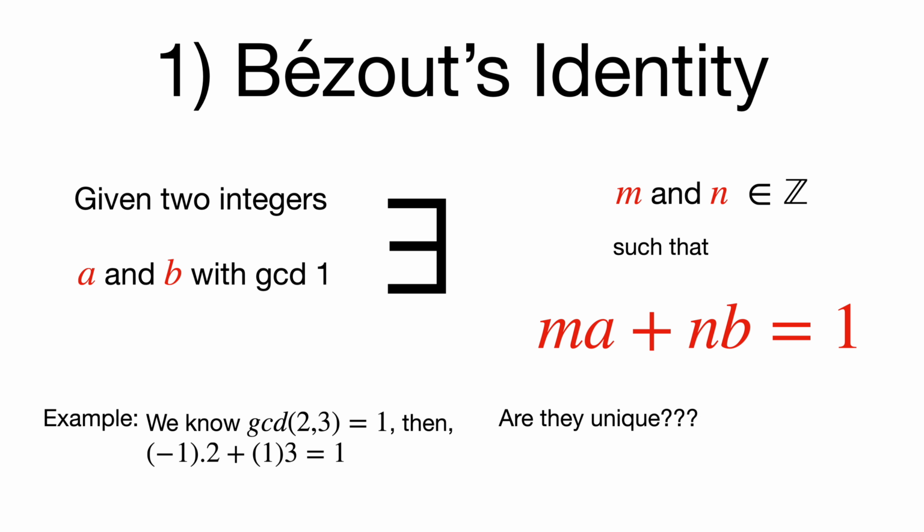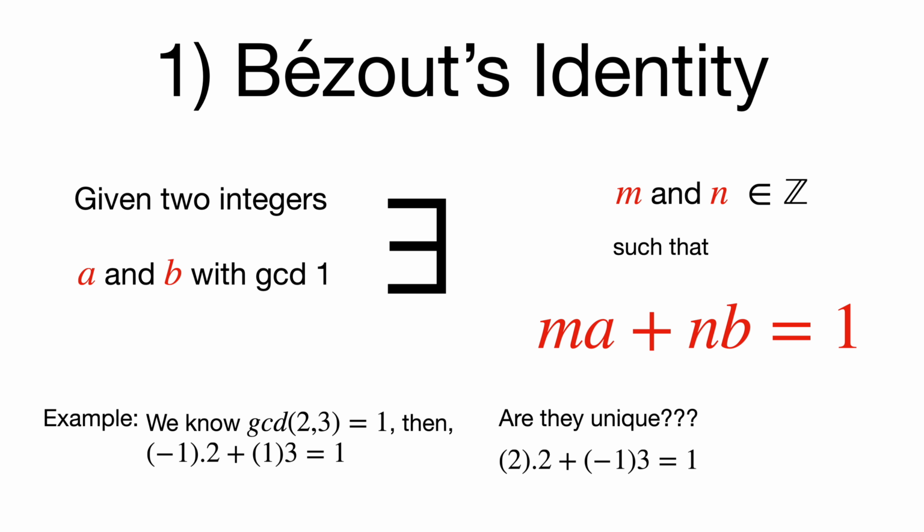Clearly they are not unique, as we give you one more set of values, that is m equal to 2 and n equal to -1. So 2 times 2 is 4, -1 times 3 is -3, 4 minus 3 is 1. So we got two sets of values of m and n for which ma plus nb equals 1.